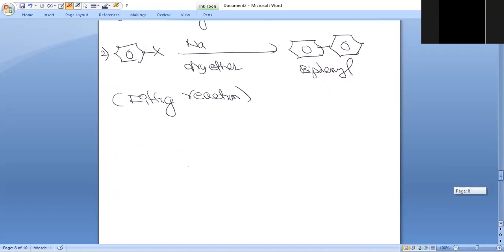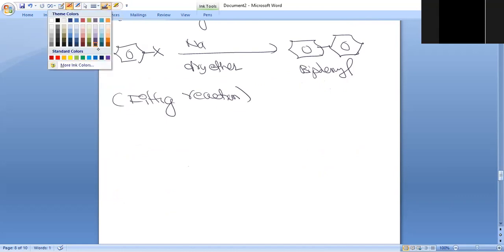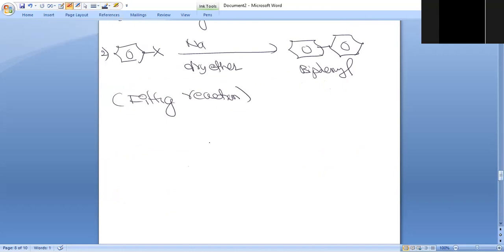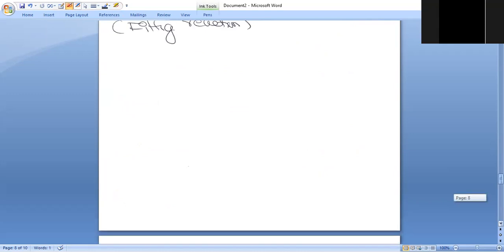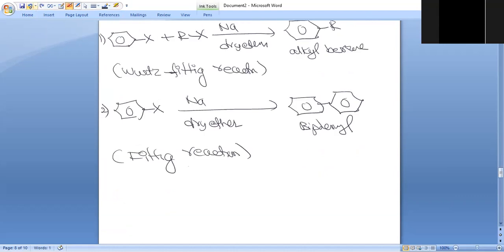Other than that, polyhalogen compounds are given. Just have that idea. We'll go with that to get some idea about this.